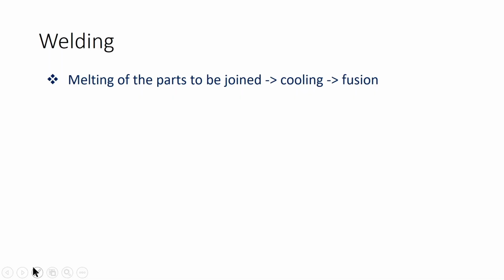So, in a typical fusion welding process, as I mentioned, we need to melt the work parts that are to be joined and then allow them to cool down. So, melting and then cooling, which will lead to the solidification. When we are taking two molten parts very close to each other, when we are having a contact of two molten parts, the fusion will occur.